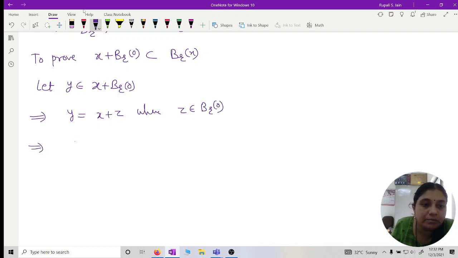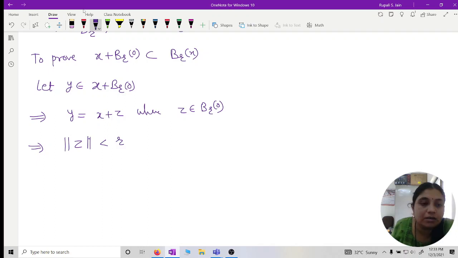This implies z belongs to this open ball, so what should norm z be?